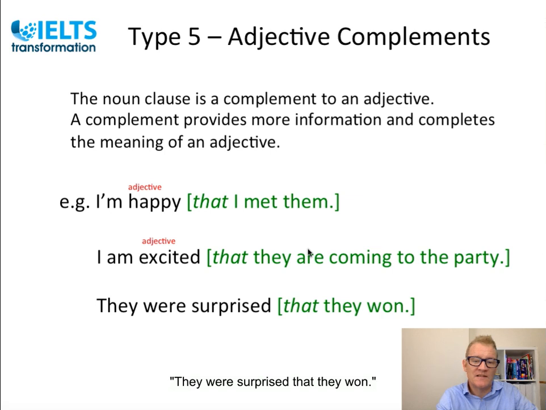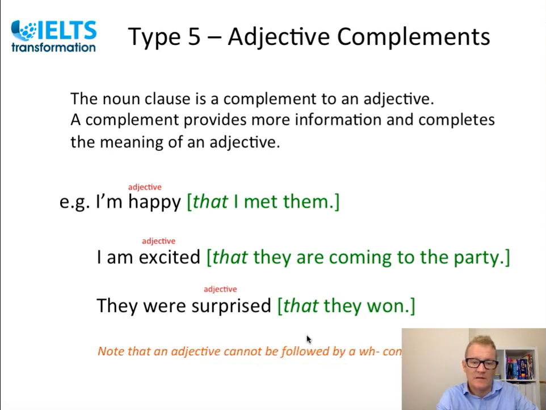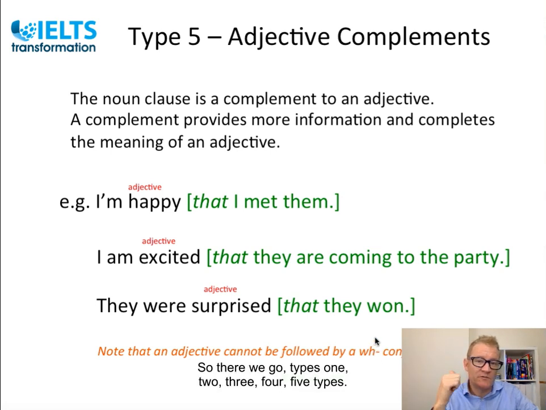They were surprised that they won. So again, more information about the adjective. Okay. But we can't follow it with WH. You can't say they were surprised what they did, for example. No WH after the adjective. Okay. So there we go. Types 1, 2, 3, 4, 5.